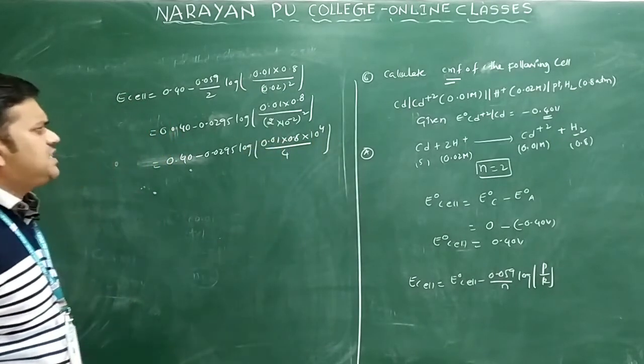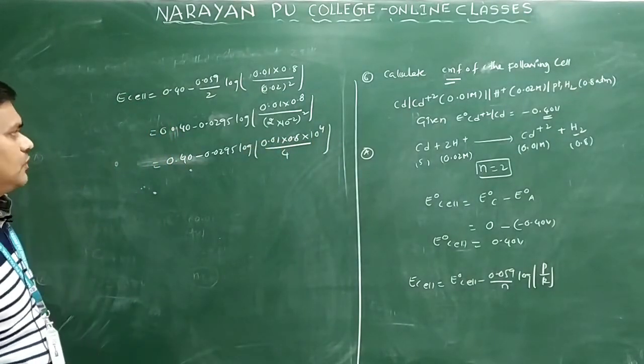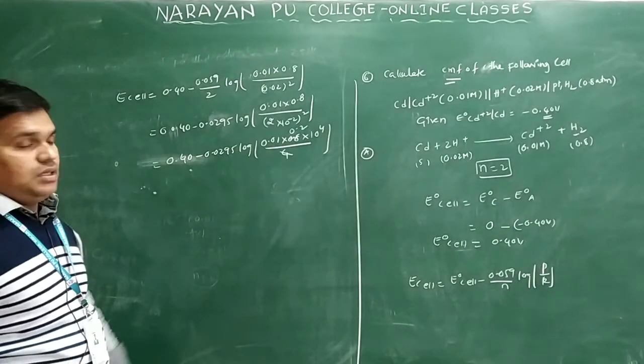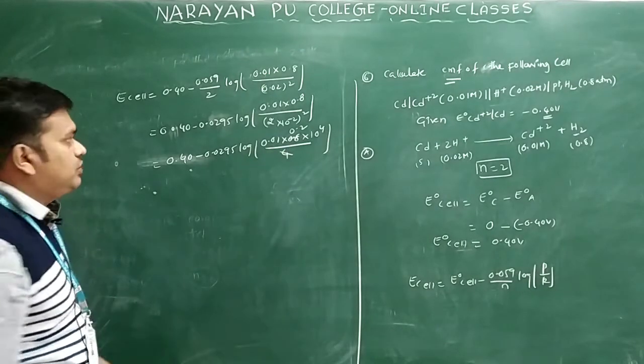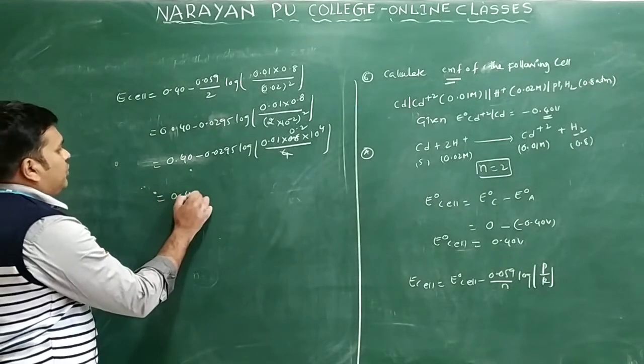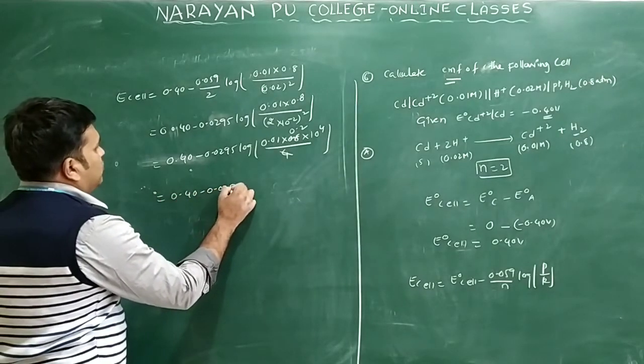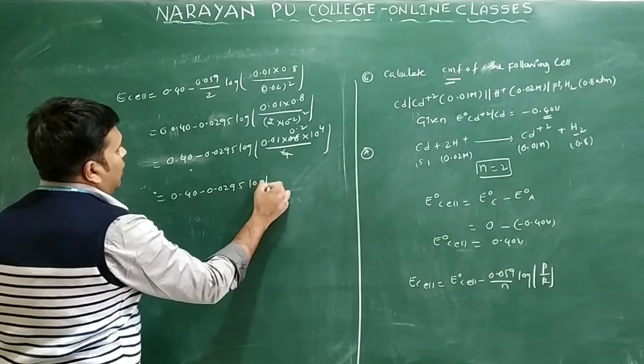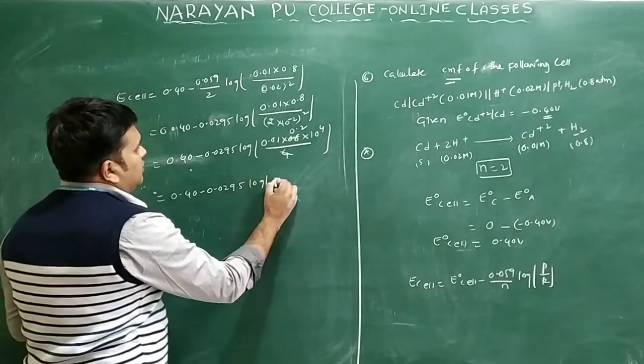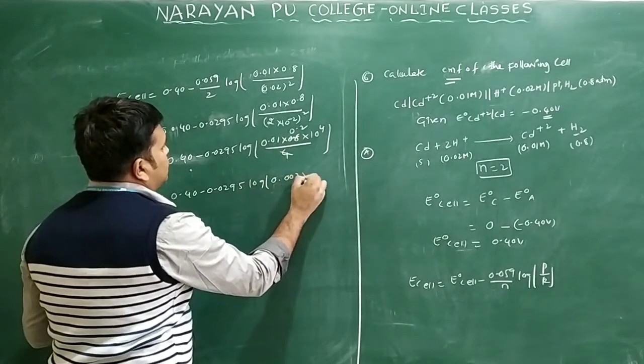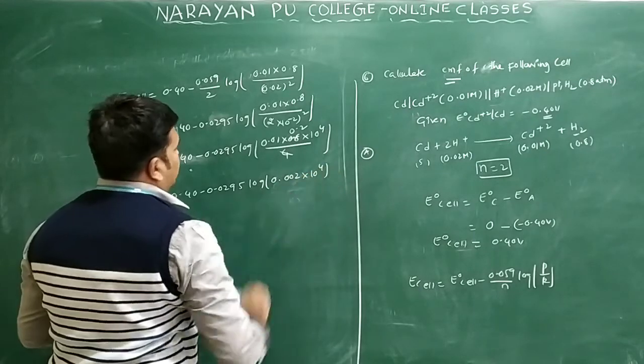Just we will do the simplification part. Here 4 and 0.2 times cancel, then you will get 0.40 minus 0.0295 into log, this you can multiply, you will get 0.002 into 10 power 4 only.